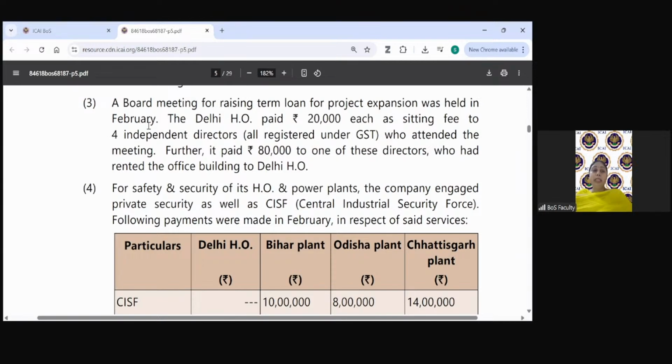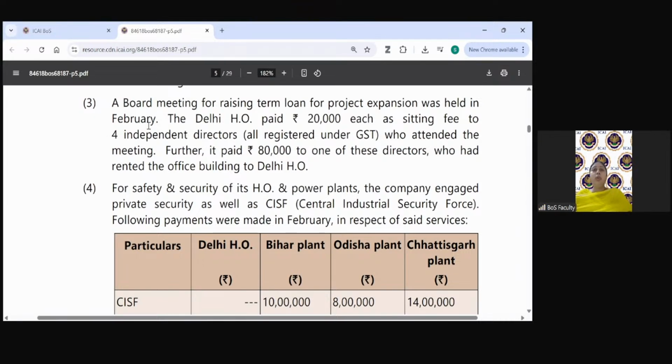No, it will not, because there also it is mentioned that the service of renting of commercial property, or property other than residential property, is taxable under reverse charge only when such service is provided by an unregistered person to a registered person. Now, here in this case, we have already mentioned in the first sentence that all the directors are registered. Company is also registered. That is not an issue. The recipient is registered, but here the supplier, that is the director, is also registered.